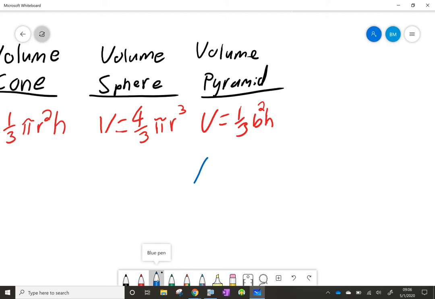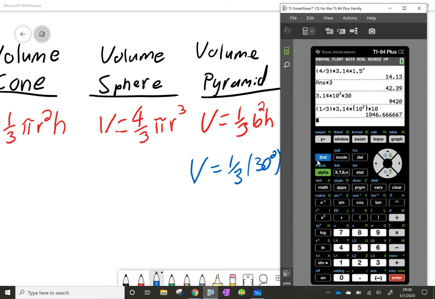So when we just plug everything in, we have volume equals 1/3. The base was 30, so we're going to do 30 squared. And then the height was 8 meters. Plug in 8 meters. There we go. So now we've got our formula put together. We just got to type it all out. So we're going to do 1 divided by 3 for the 1/3 again.